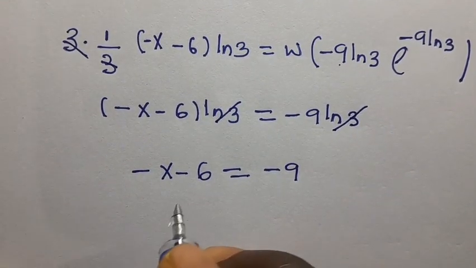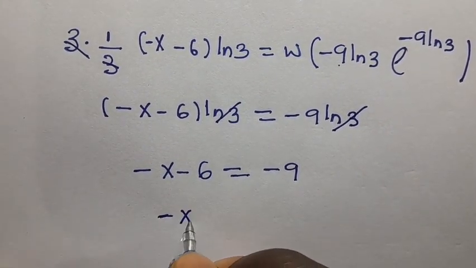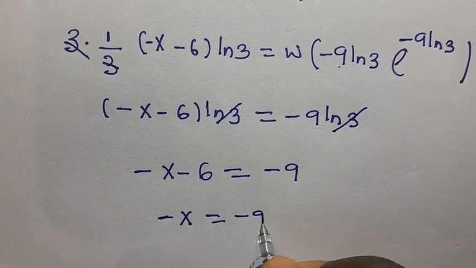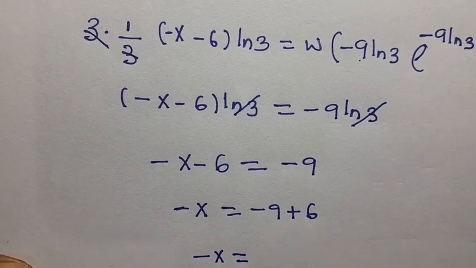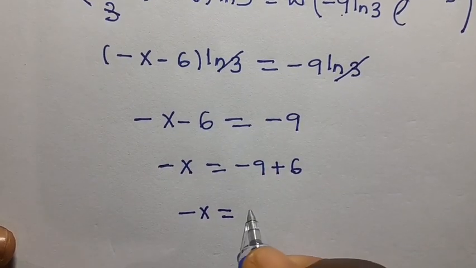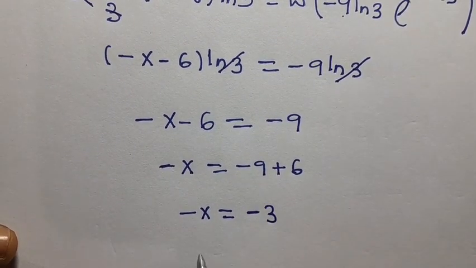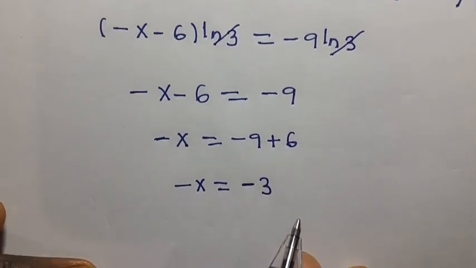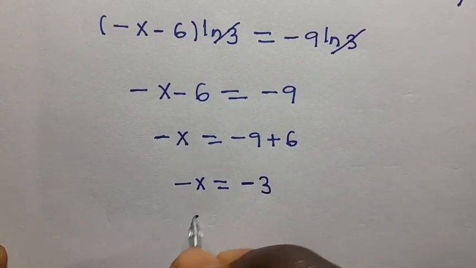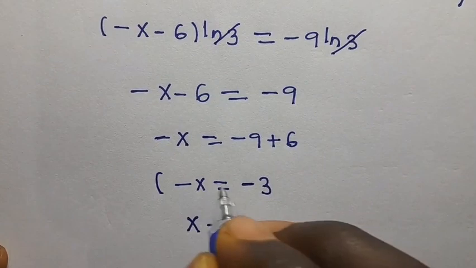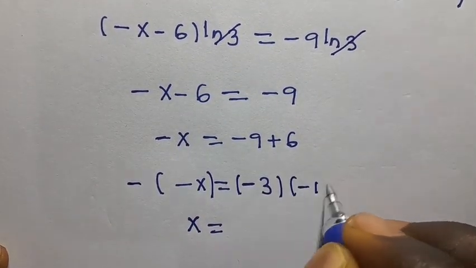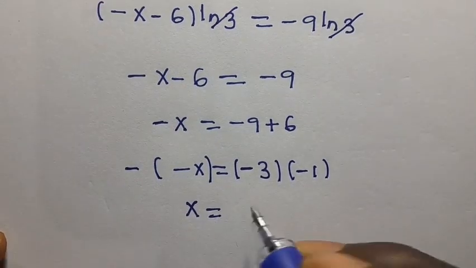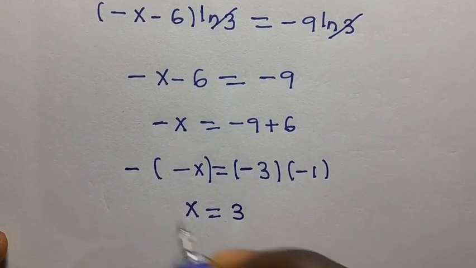Now by collecting the like term, we have minus x to be equals minus 9 plus 6, minus x will be equals minus 3. When we multiply through by minus, we are going to have our x to be equals 3.